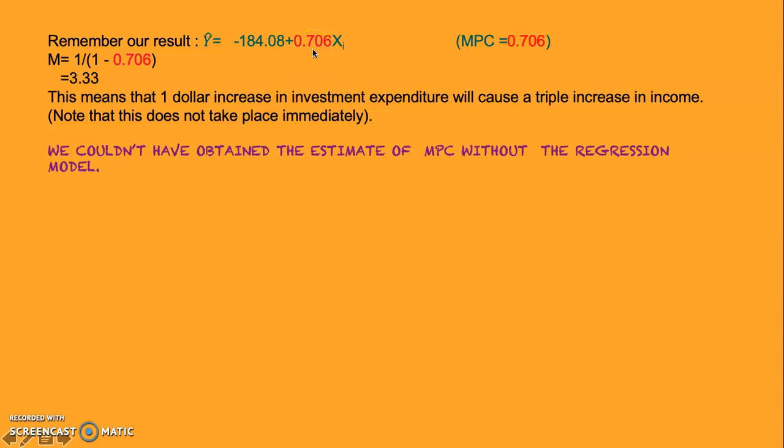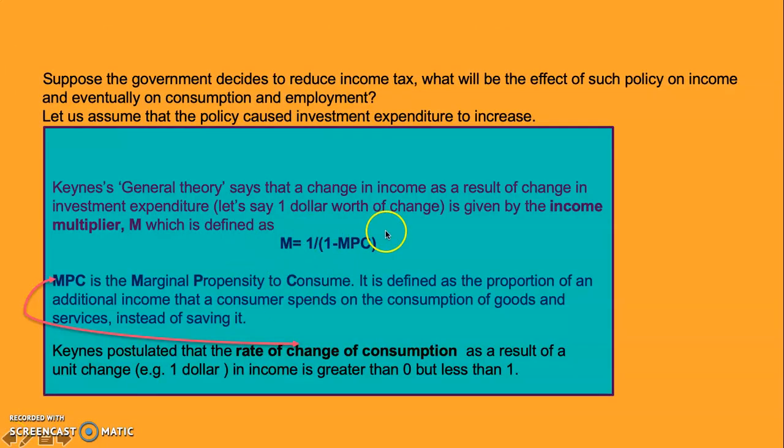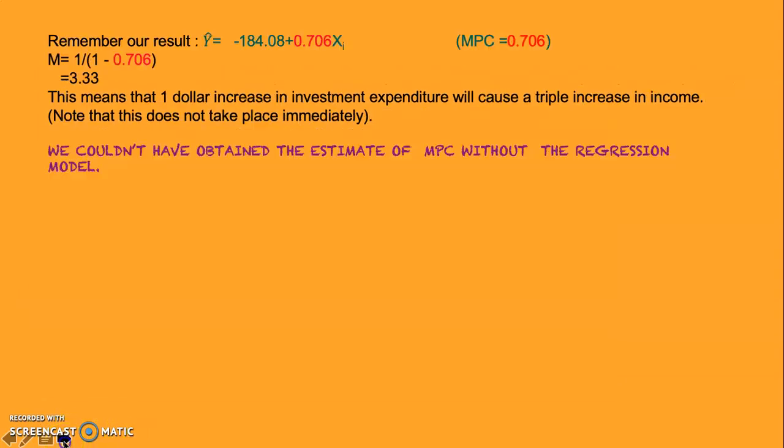Now, the income multiplier that we mentioned here is now 3.33 when you insert the value of MPC in the formula. This means that a $1 increase in investment expenditure will cause a triple increase in income.